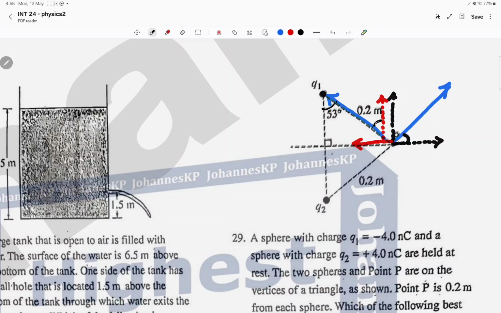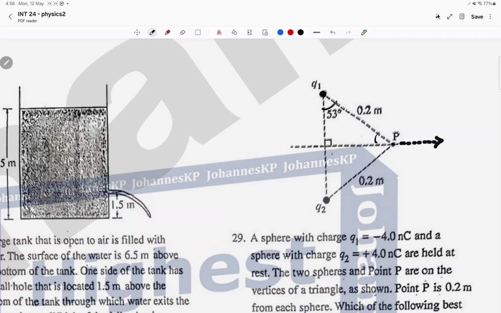One second. And how much is this angle? Is it 90? No, probably not, because look, this angle is the same as this angle. Yeah. So let's just imagine it for a second.